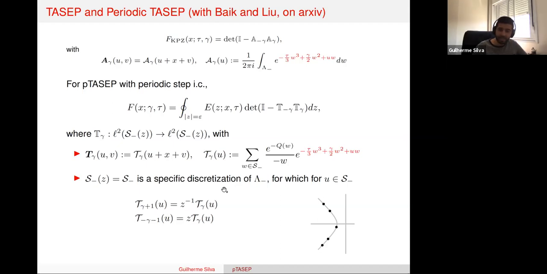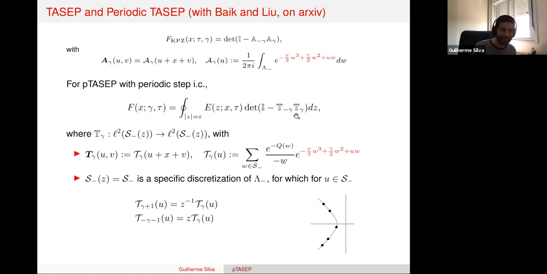But what is interesting here as well is that this specific discretization is the one that encodes the periodicity. In the sense that if you look at this scalar function and you shift gamma by 1, this is the same as looking at T of gamma itself multiplied by 1 over Z. And if you do that for the minus sign, then you get just Z instead of 1 over Z. And have in mind that you're looking at the kernel of the product.